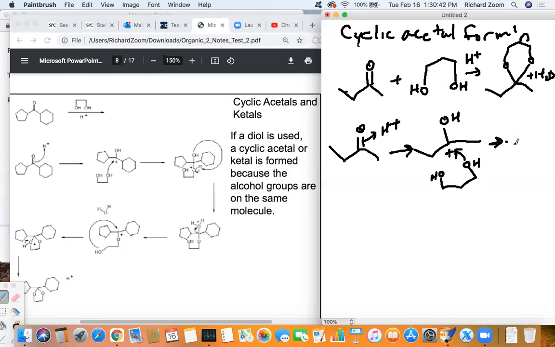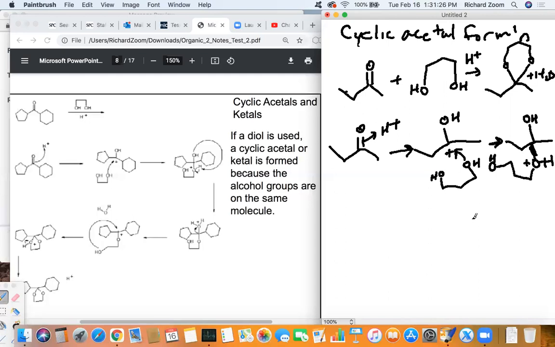Now, if we look at how that goes in the mechanism, just look at what the arrow is telling you. The arrow is saying we're joining the O to the C plus. And then that puts a positive charge on the O like that. Does anybody have any questions so far?